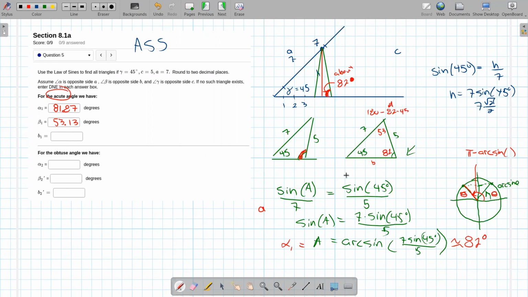And then side B, we can find with the law of sines. So to do that, we're going to go back to this given information here to get side B. And so we'll say side B1 over the sine of angle beta 1, which we have on our calculator, is equal to our C equals 5 over the sine of 45 degrees. And so we just need to multiply the sine of B up here.